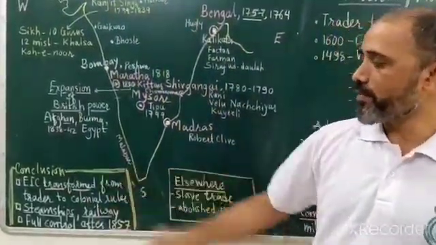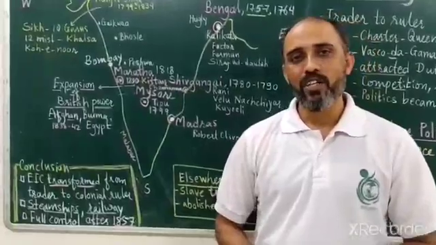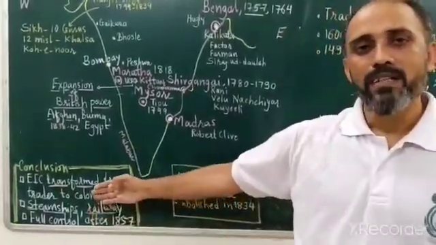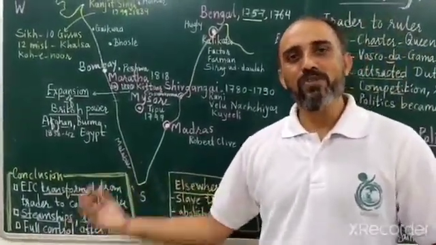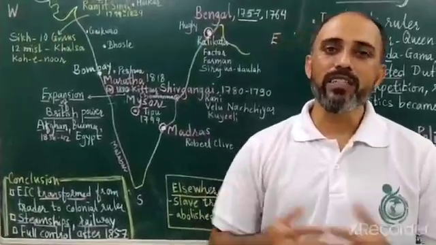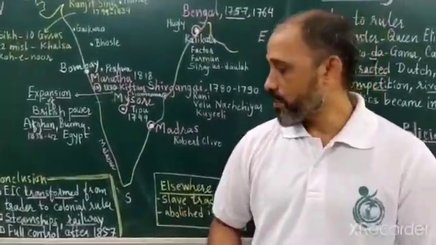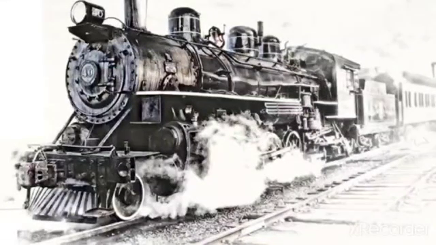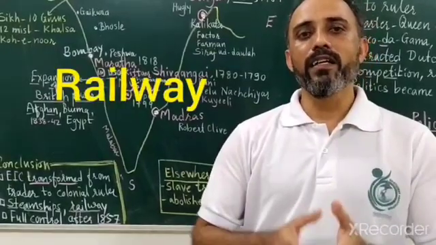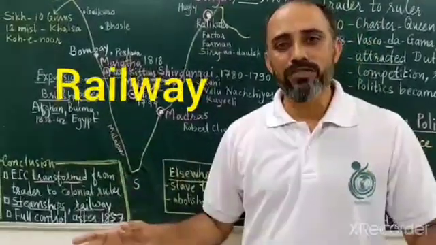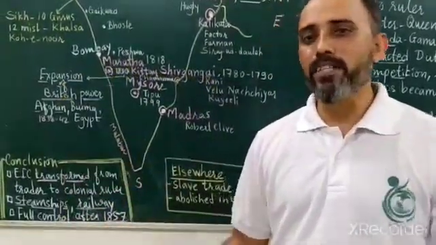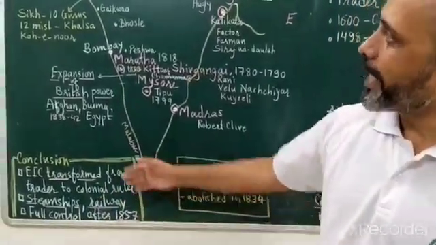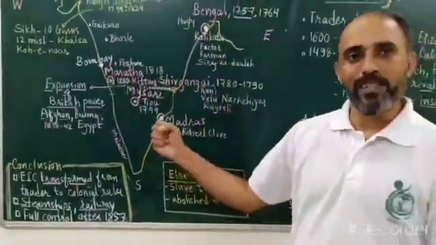With the inauguration of steamships, they could reach India faster, within only 3 weeks. This was a gift for the British. Also the railway line was set up in India, which reached into the nooks and corners of India, and that helped the British expand their rule more effectively in India.